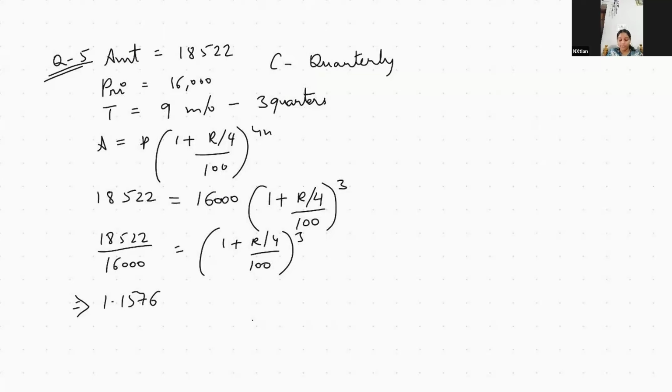You will get 1.1576, equals 1 plus r by 4 by 100, whole cube.